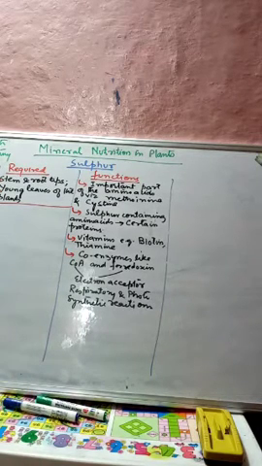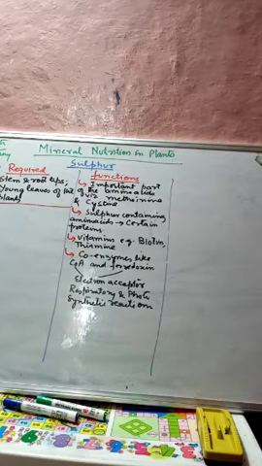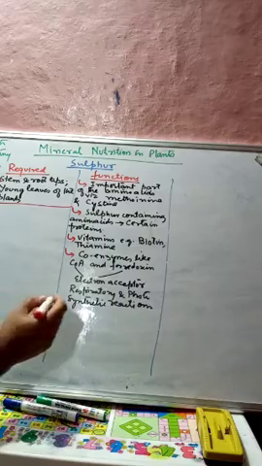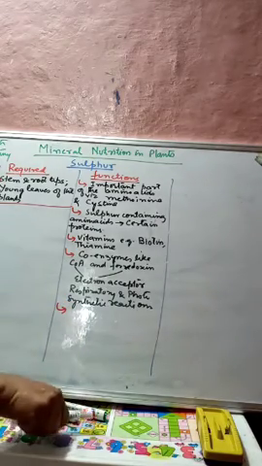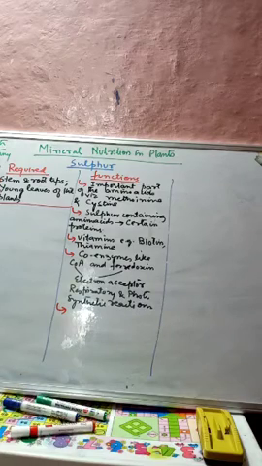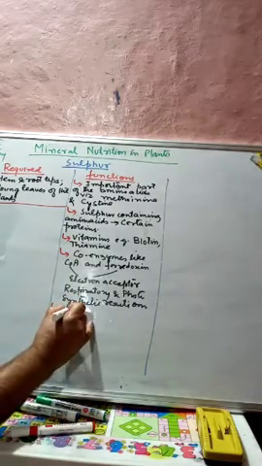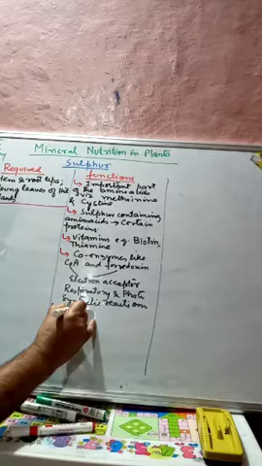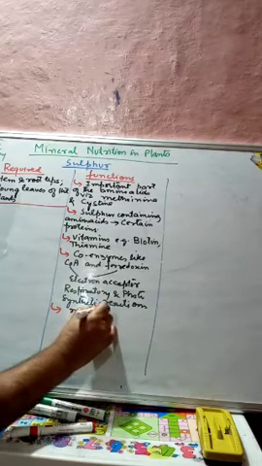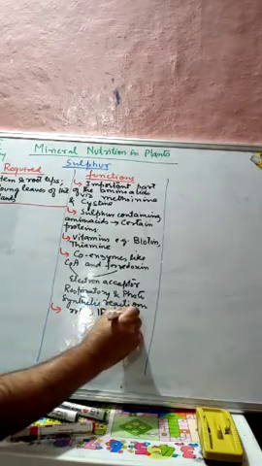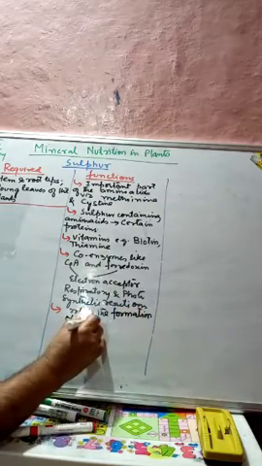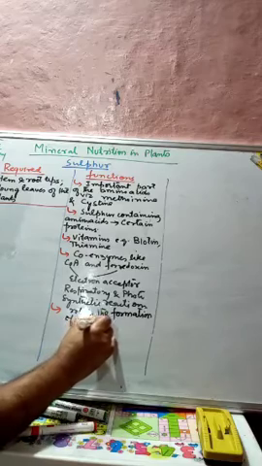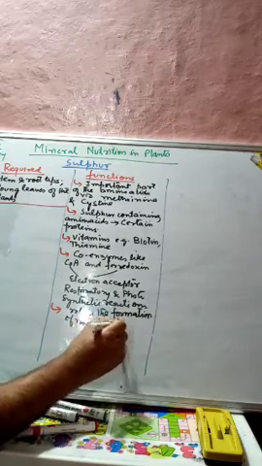Now, one more thing we will say here. This sulfur has an important role in the formation of nodules which are present in the roots of leguminous plants.